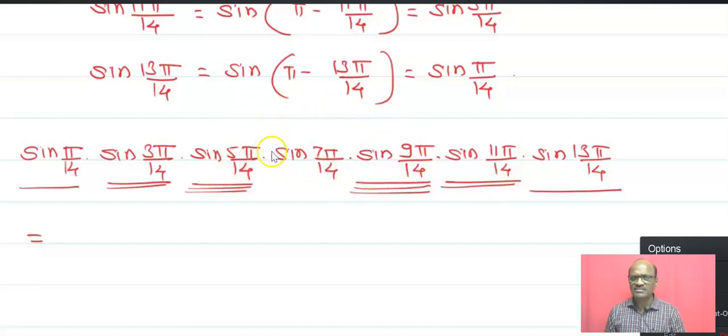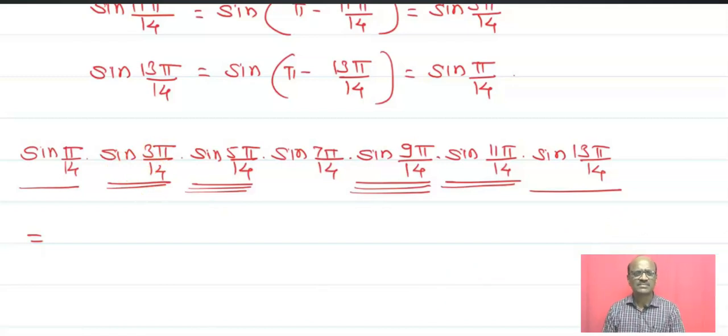But what about this term? The value of this term is equal to 1. Sine of 7 pi by 14 is nothing but sine of pi by 2, and the value of sine of pi by 2 is 1. And that's why you will get sine square pi by 14, sine square 3 pi by 14, and in this way. Now see how I have solved this question.